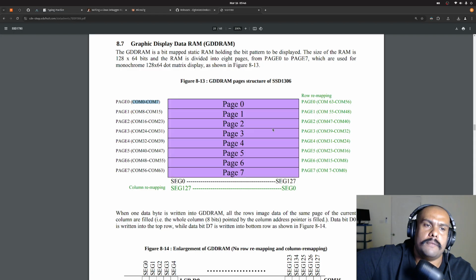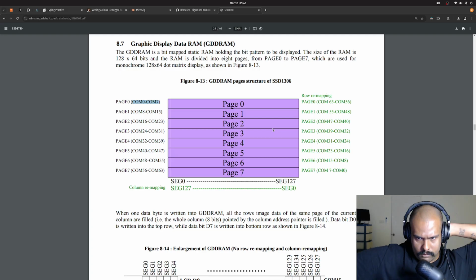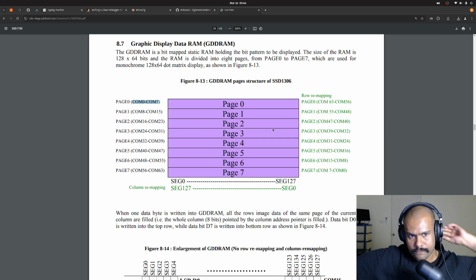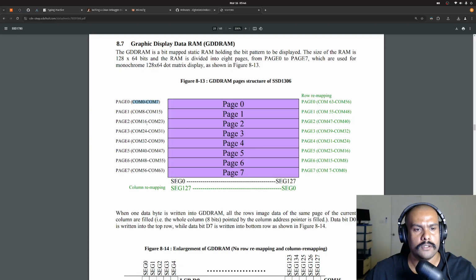Size of the RAM is that much. It's divided into 8 pages. Zero to 7, 8 to 15, all the way to 63.